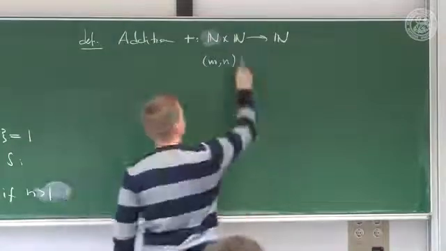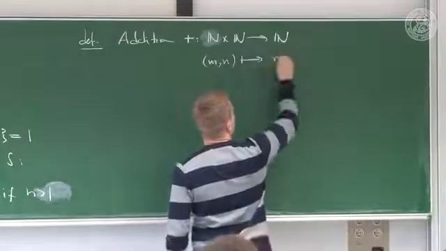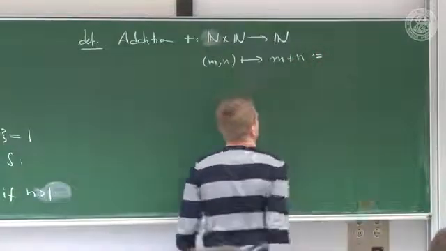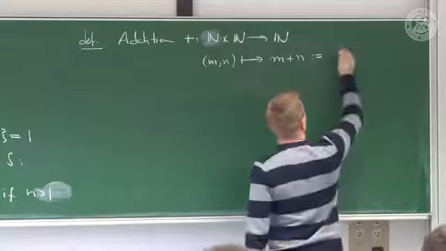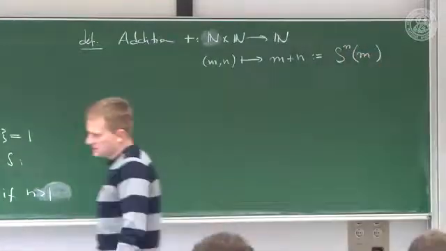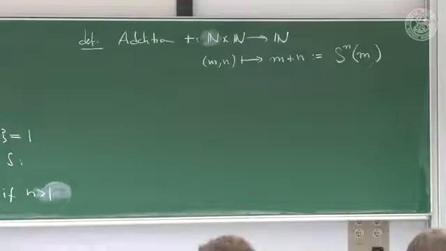That's precisely what the Cartesian product is. It maps it to this object we want to call m plus n, but its definition is actually given by applying the successor map n times to the m. You start with m and you add n. That means you n times apply the successor map. But you see, everything is neatly defined.